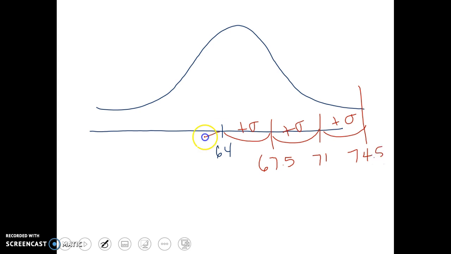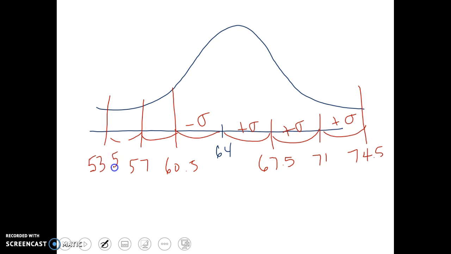Now we need to go the other way and subtract a standard deviation. So we're going to say 64 minus 3.5, and we get 60.5. And then subtract 3.5 again, and we get 57. And then subtract 3.5 one more time, and we get 53.5.